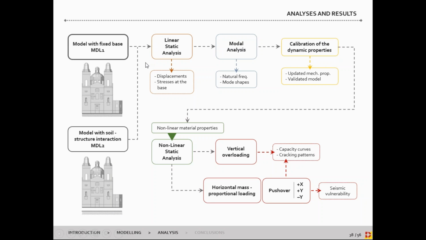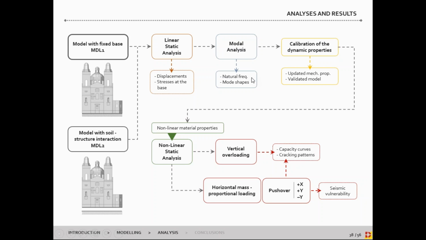The first step is always linear static analysis and check that everything is correct. The vertical reaction should be the weight of the building, the displacement should be logical, and the stresses at the base should be as expected for this type of building. After that check, we can go to the modal analysis, which would give us the natural frequencies and the mode shapes.